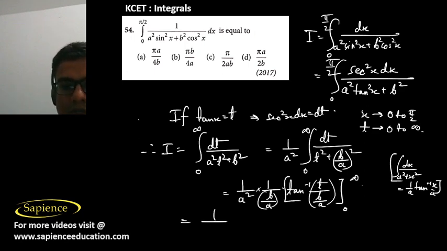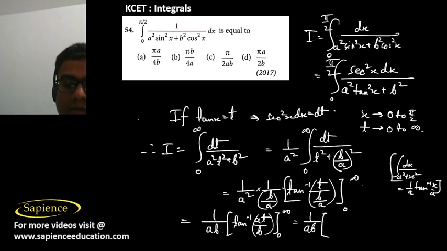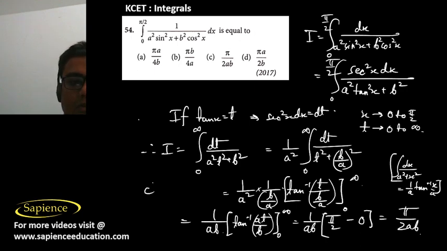This will be 1 by ab into tan inverse of at by b, from 0 to infinity. So this will be 1 by ab into tan inverse infinity is pi by 2, tan inverse 0 is 0. This is pi by 2ab. Option C is the correct answer.